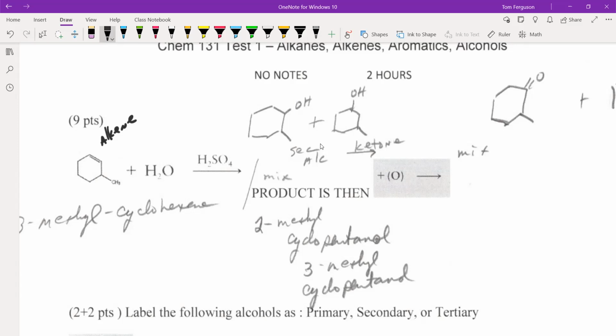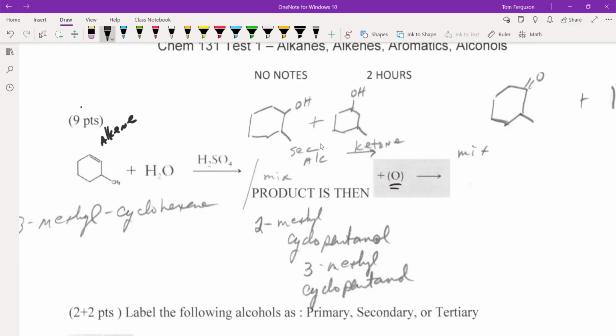And what happens is the hydrogen and the hydroxyl go across each side of the double bond. Okay. Now what we're doing here is we're first adding water and sulfuric acid, and we get the products. Then we're adding an oxidizing agent afterwards. That's why this is worth 9 points.